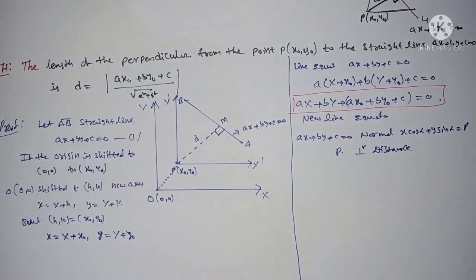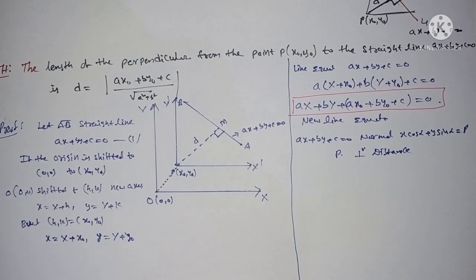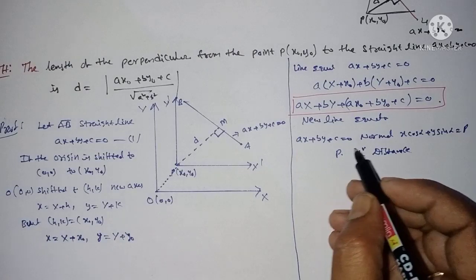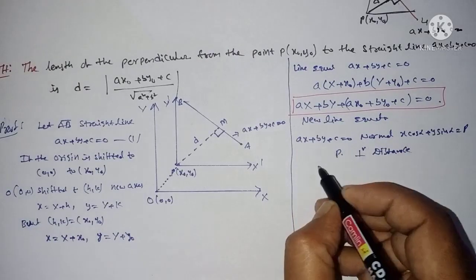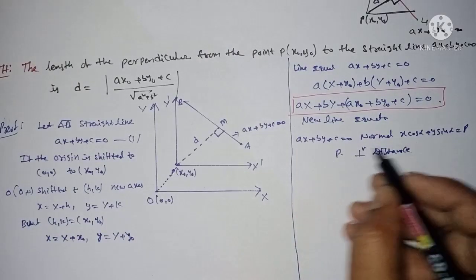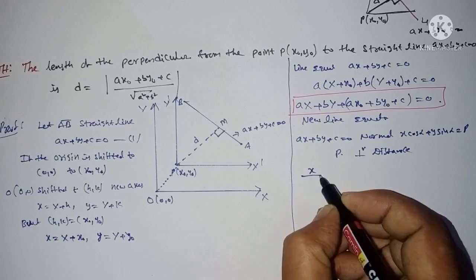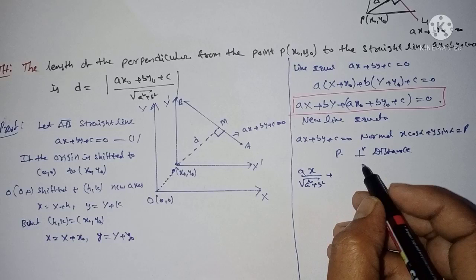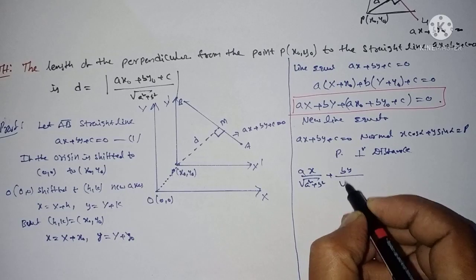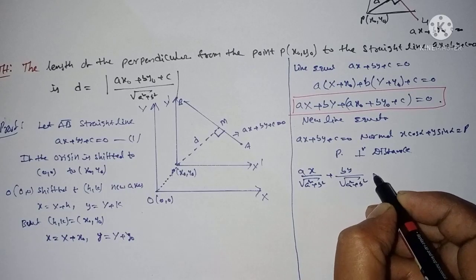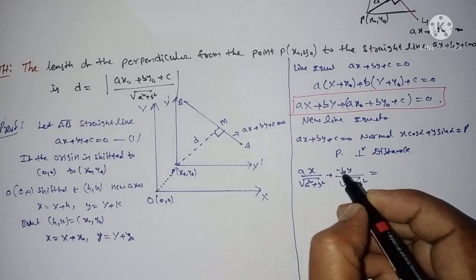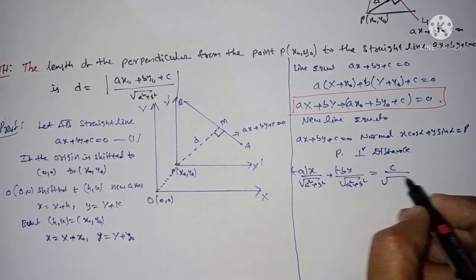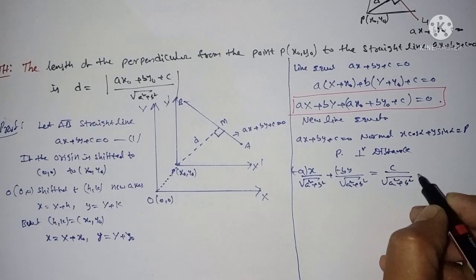Therefore, I can write ax by under root of a square plus b square plus by under root of a square plus b square is equal to, taking minus here and minus here, c by under root of a square plus b square.